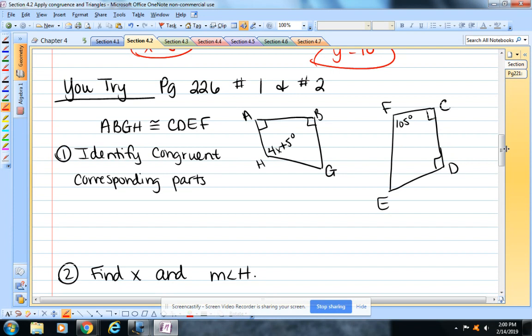So that tells me all the angles that are congruent and all the sides that are congruent. You're going to use this congruency statement to do that. You don't even need the pictures. Y'all see that on number 1? Tell me all the angles and all the sides that are congruent. And number 2, find x and then the measure of angle H.